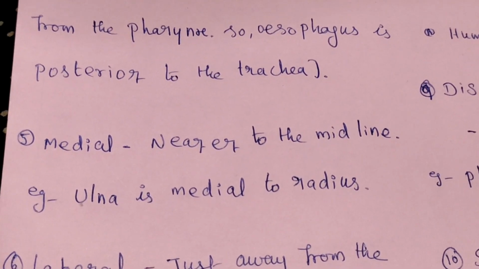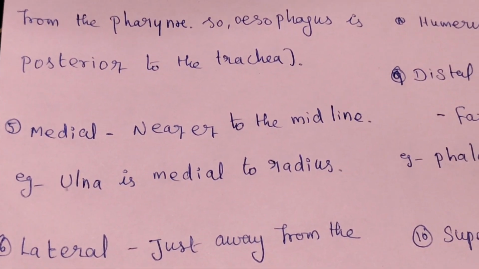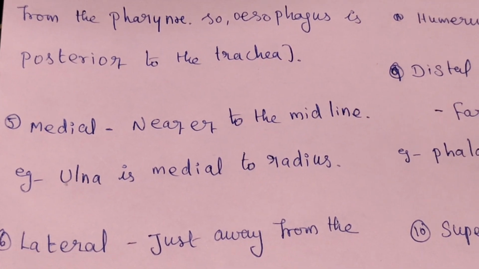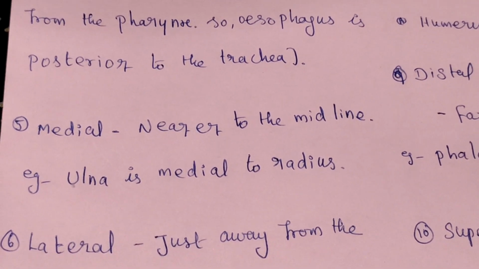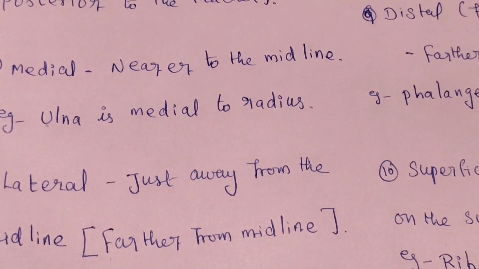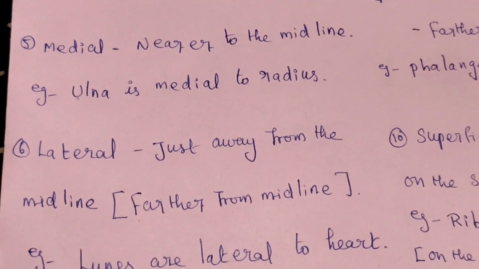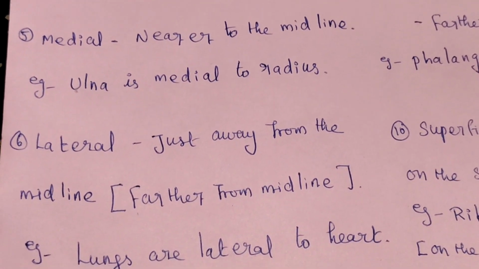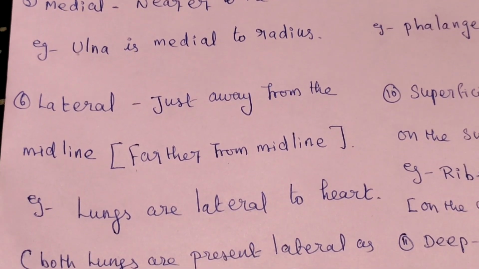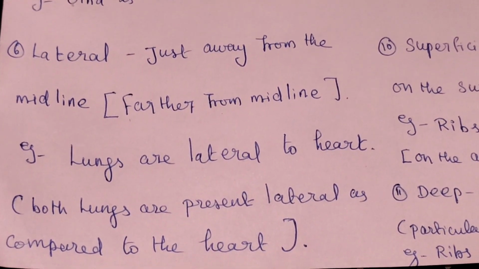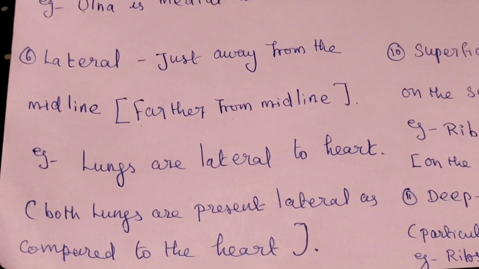Then medial, nearer to the midline. Example: the ulna is medial to the radius. Then lateral, away from the midline. Example: the lungs are lateral to the heart.